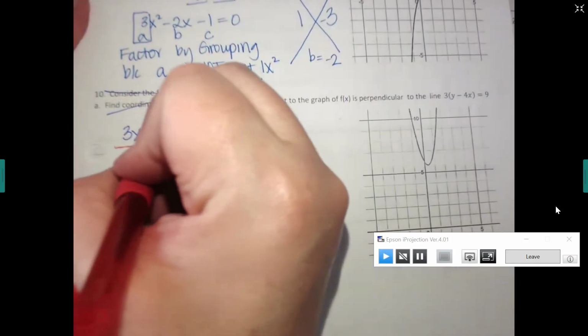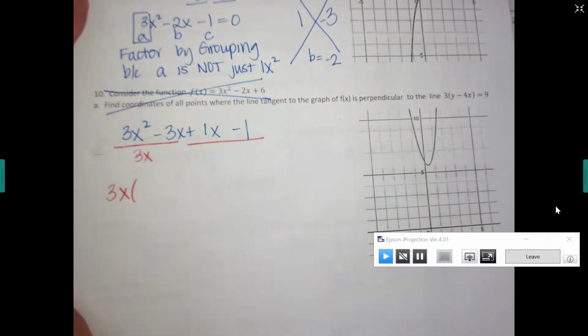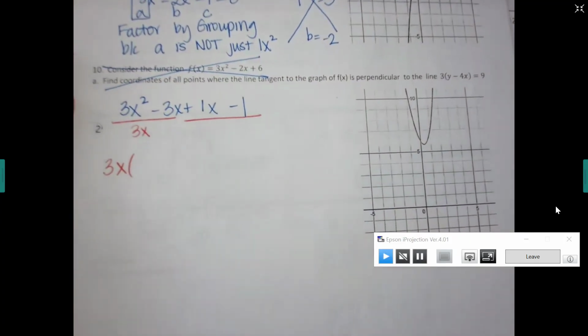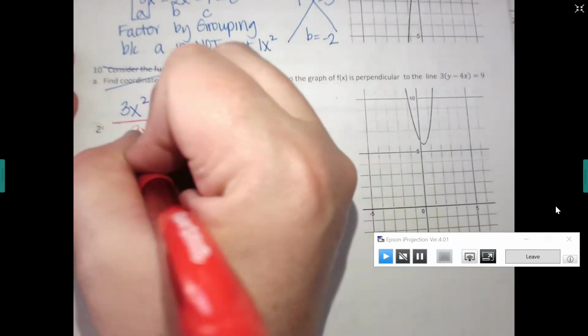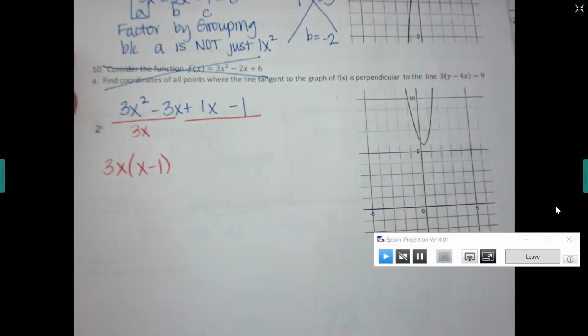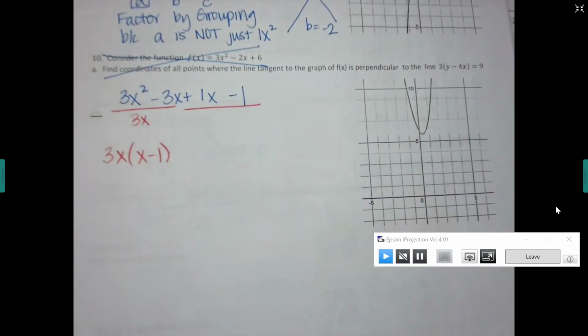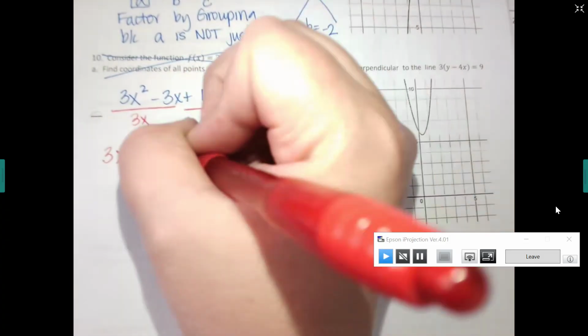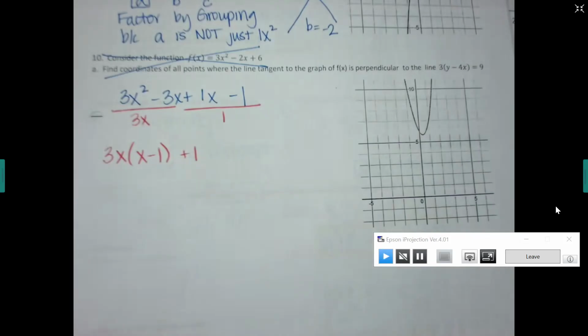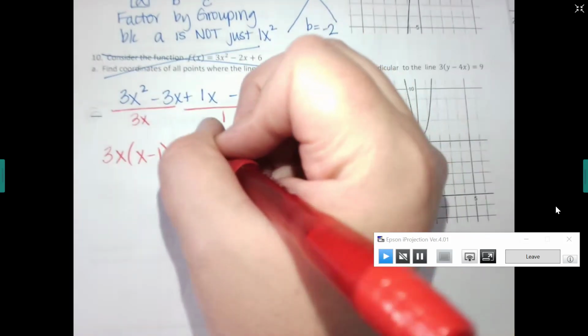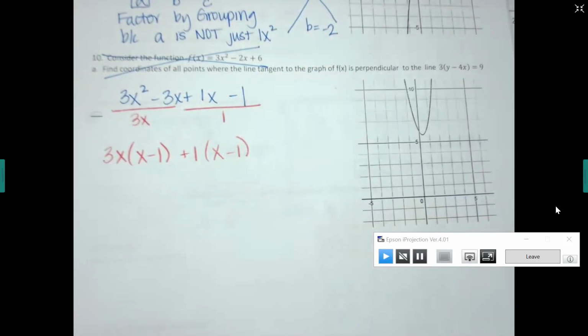Great, 3x. When my 3x comes out, my 3x squared is just an x. My second term is a -1 because when the 3 comes out, you have to leave something. Okay, for my second group, I have a 1x minus 1. What can I take out? 1, put a +1 on the outside. That leaves me still with an x and a -1.